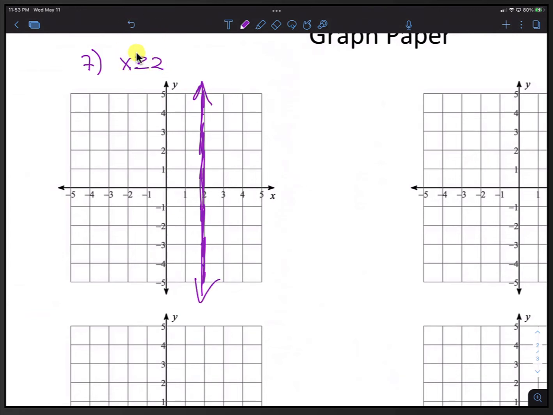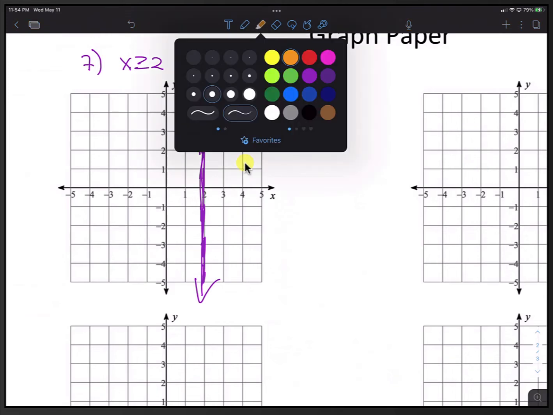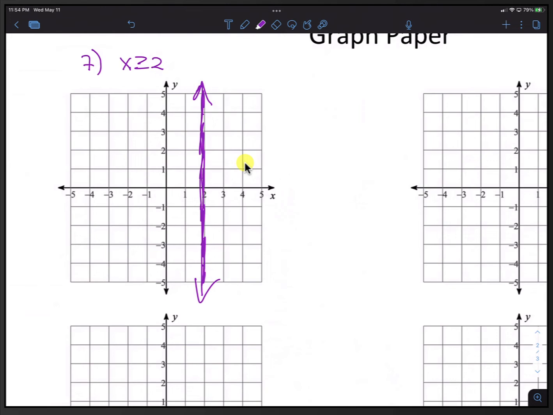And the reason it is solid is because this is greater than with the equals. So if it has the equals, it's going to be a solid line. Now, because it's vertical and x has to be greater than 2, that means it would be everything to the right of that. So you'll just end up shading everything to the right of this vertical line. So all of this space here.